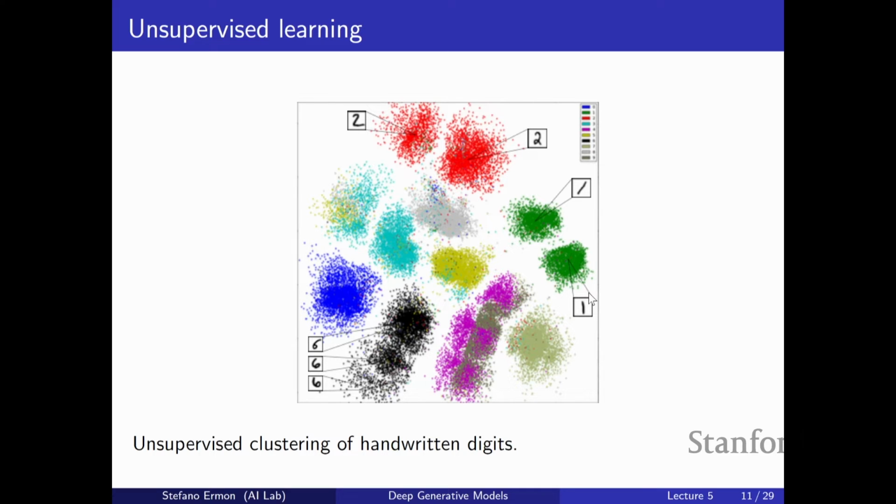And you can see that it's able to do some reasonable clustering, in the sense that data points that actually belong to the same class, which was not known to the generative model, are grouped together. For example, red points here correspond to digits 2, and they all have similar Z values after training this model.